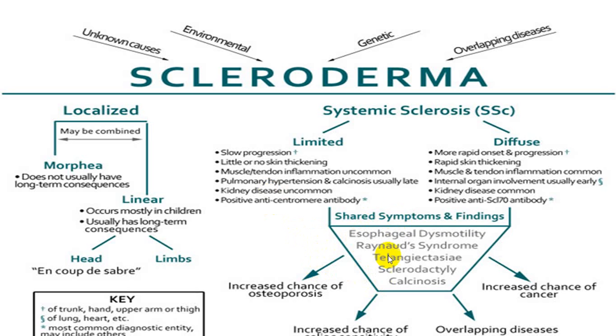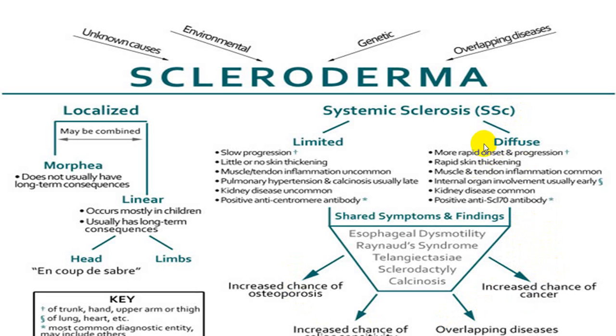So this is very common. In this particular variety, there is an increased chance of osteoporosis and increased chance of celiac sensitivity. There may be overlapping syndromes like Sjogren, SLE, polymyositis, RA, etc. And there is an increased chance of cancer also.